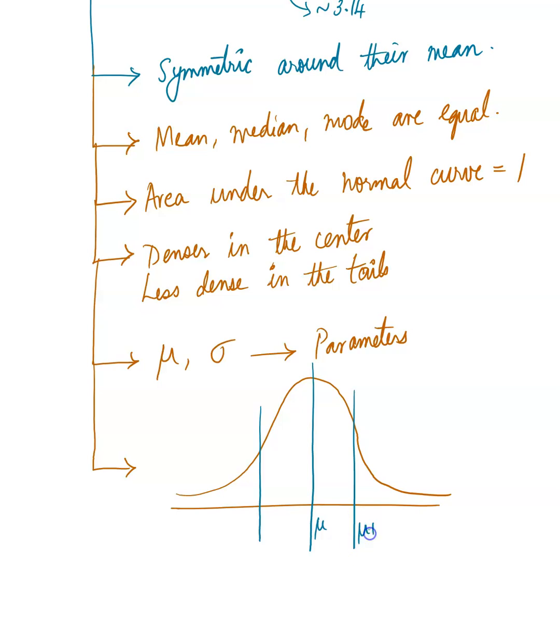If you went one standard deviation, mu plus sigma, if you added one standard deviation to the right of mu and to the left of mu, so that's mu minus sigma, you will have this whole distribution, this middle chunk basically. If you went one standard deviation to the left and to the right of mu, this will account for 68% of all the data values. All the data values will lie within one standard deviation from the mean.